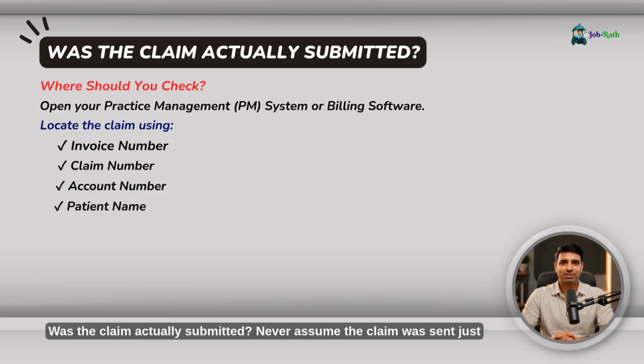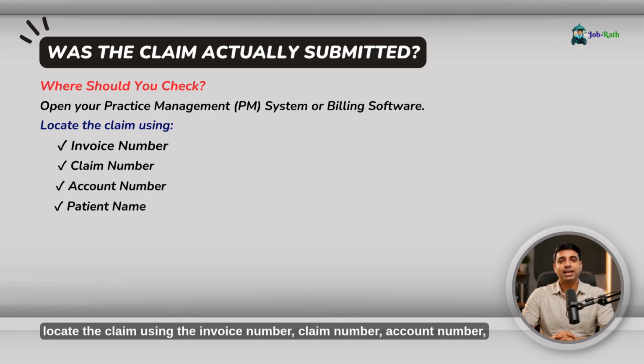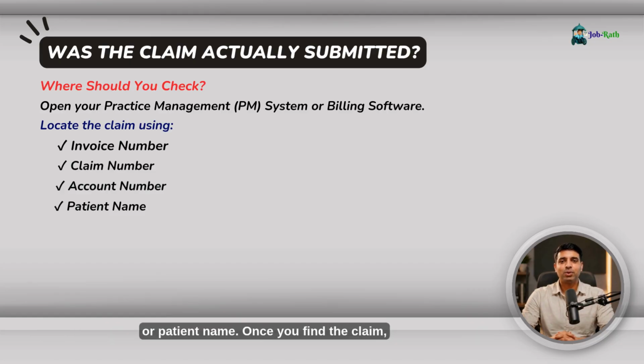Never assume the claim was sent just because you see it in your billing system. An experienced AR specialist always verifies the submission before investigating anything else. So, where should you check? Go to your practice management system or billing software and locate the claim using the invoice number, claim number, account number, or patient name.